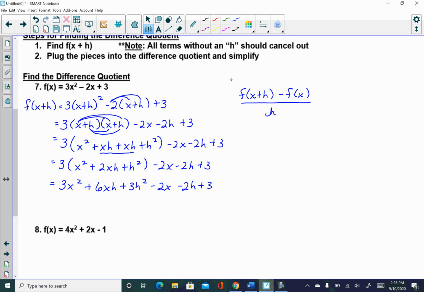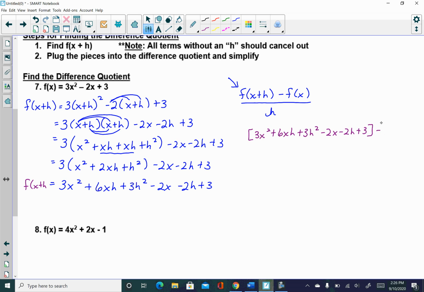Now you're actually ready to go over here to your difference quotient formula and plug in all the pieces. So you take your f of x plus h, that's what we just found. Here is f of x plus h. I'm going to use a bracket just so you have it all kind of separated here. So it's 3x squared plus 6xh, just copying what I just wrote.